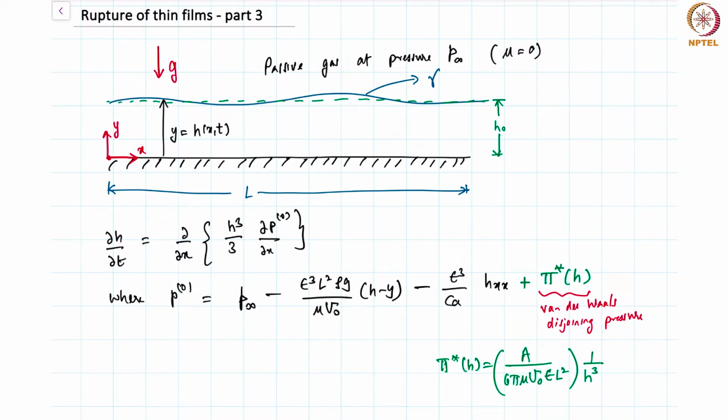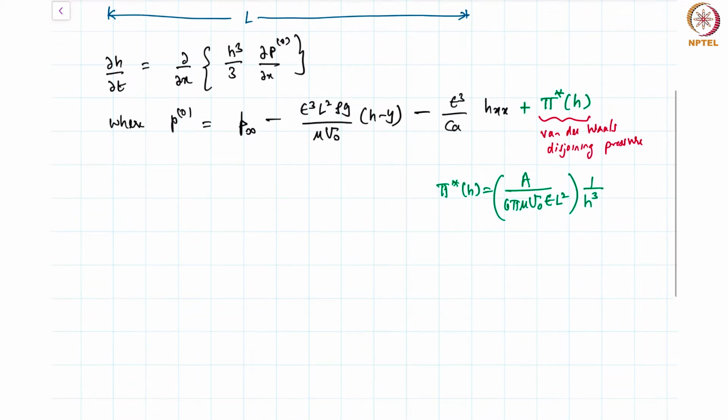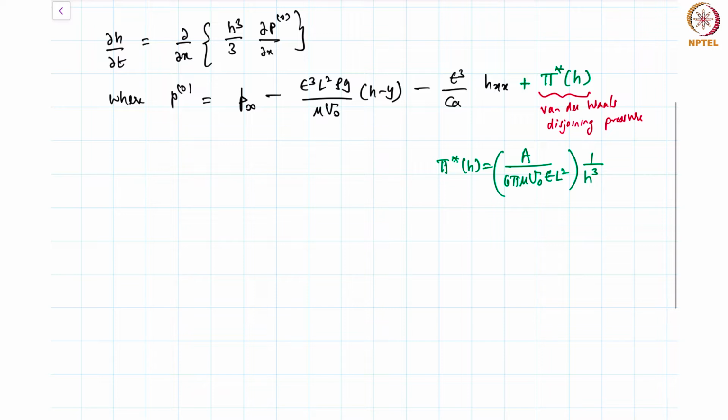The evolution equation of the thin film has already been derived in the previous lecture. I'll start with these two equations here. The first is basically the relationship between height and the horizontal pressure gradient. And the pressure itself has four parts to it. We will eliminate the horizontal length scale L because it is arbitrary, and we'll define everything in terms of the vertical length scale H0.